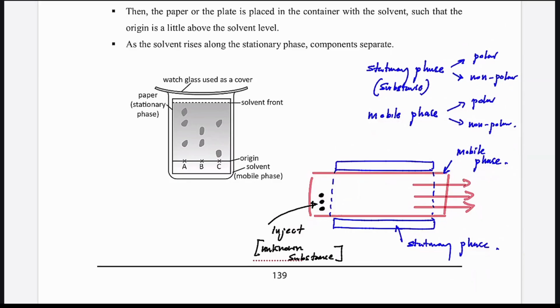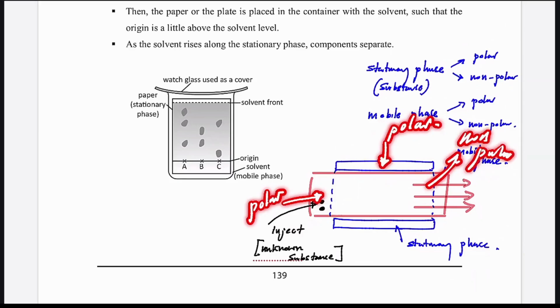And the thing we're injecting, will that be attracted to the solid? This can be a solid or a jelly type of material. If the solid is polar, and the mobile phase is non-polar, then this polar substance is more attracted to the stationary phase.